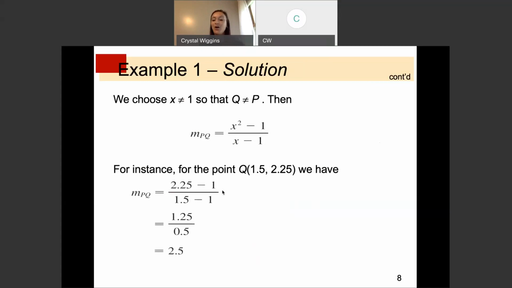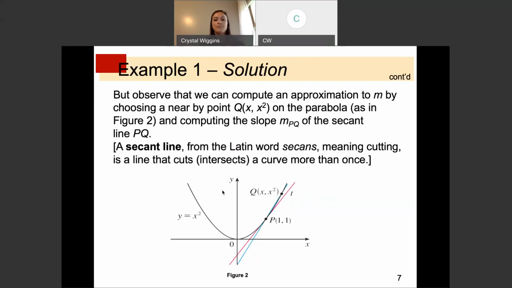Now, when we just do this once, yeah, we could use 2.5 as the estimated slope for the tangent line. But we know based on just that simple picture, let me back up and show that picture again, that if this point is too far away, the slopes of the blue secant line and the red tangent line are not the same, nor are they remotely close. So we want to make sure that we know what that slope is.